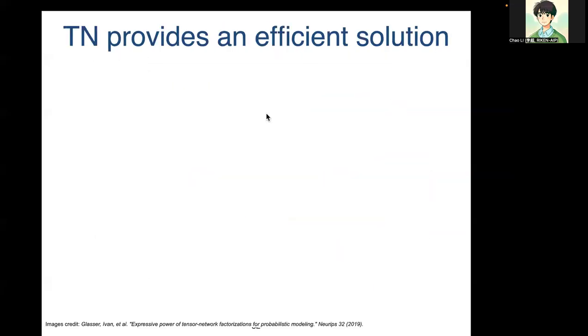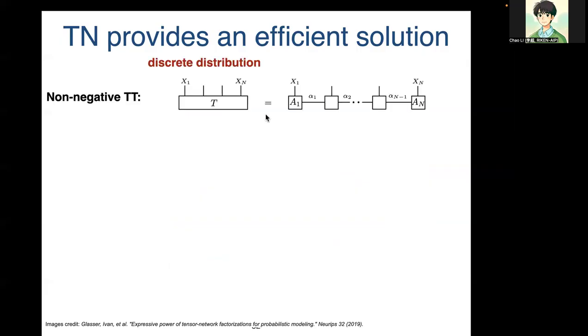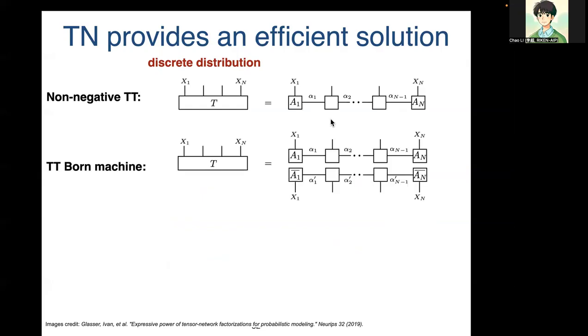On this page, we quickly go through 3 main ways people use tensor networks to model distributions. The first way is to use a tensor network directly. It represents the distribution T directly using a tensor network, such as a tensor train. But here, we keep each core tensor non-negative and normalized to make the tensor T a legal distribution. The second way is called Born machine.